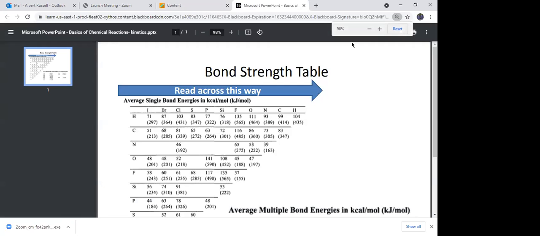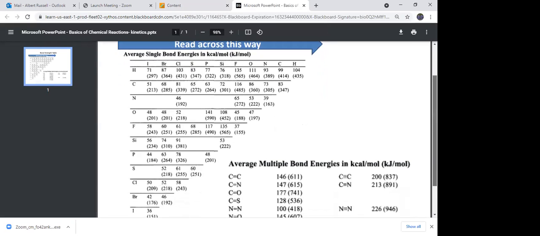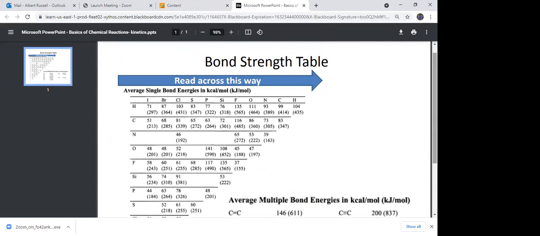Here on this chart, it gives you the bond strength, and this is what you'll use to calculate delta H. Anytime you need to calculate a bond breaking or a bond being formed, you'll use these numbers. The top number is in kilocalories. Notice it's smaller because there are 4.184 kilojoules for every kilocalorie. So it's 71 kilocalories for an HI bond. This is the bond right here, HI, and you read it across.